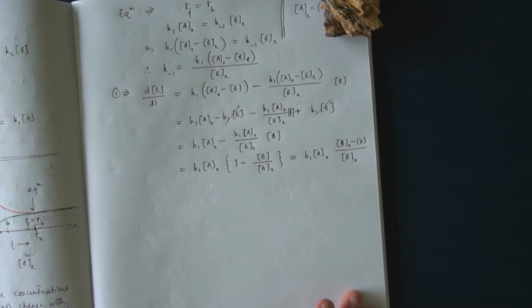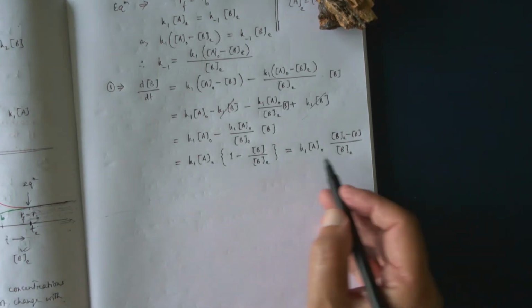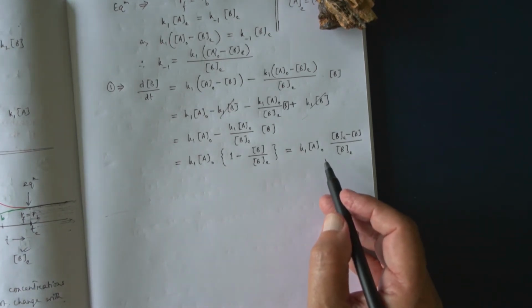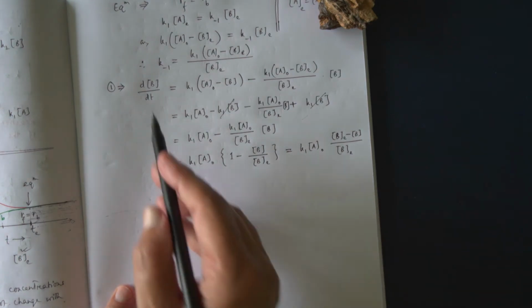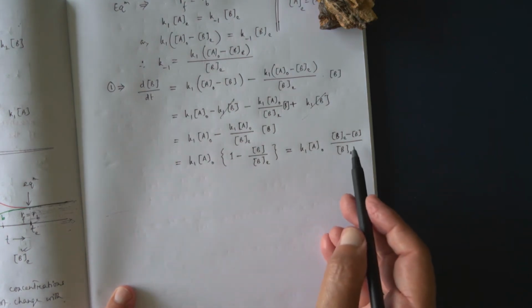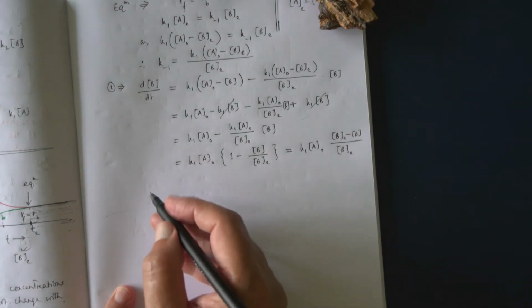So I can write like this, just simply nothing else. Now dv by dt equal to this.